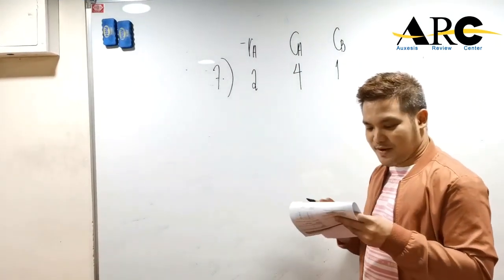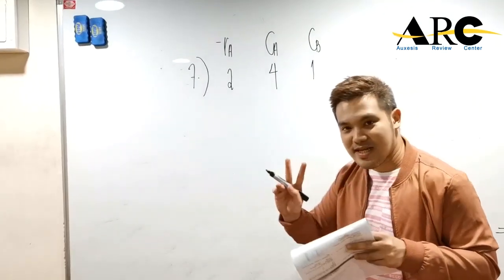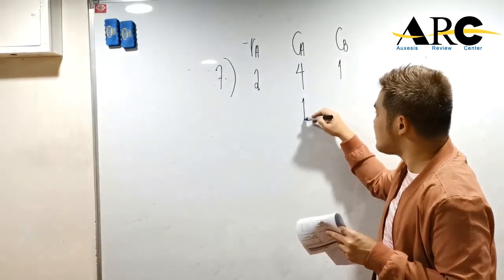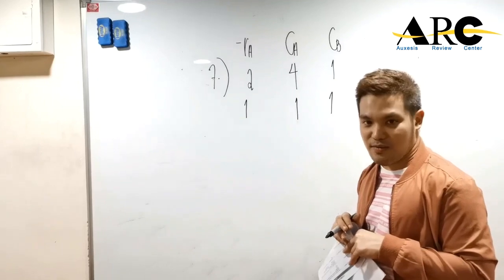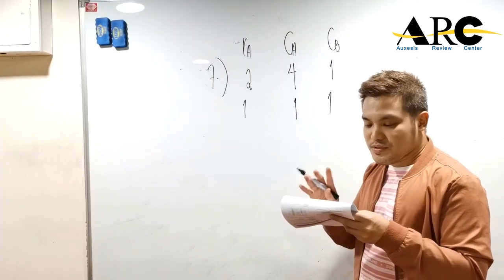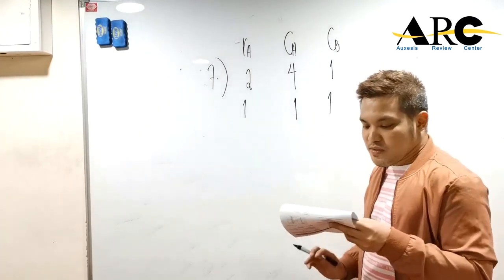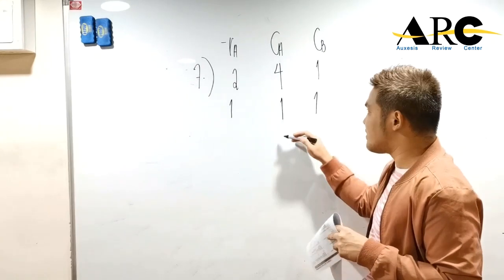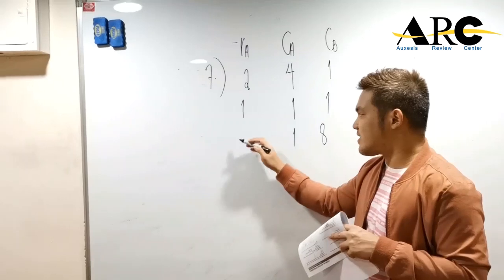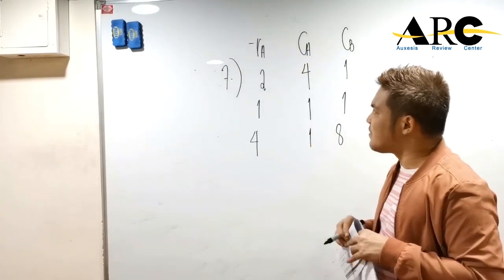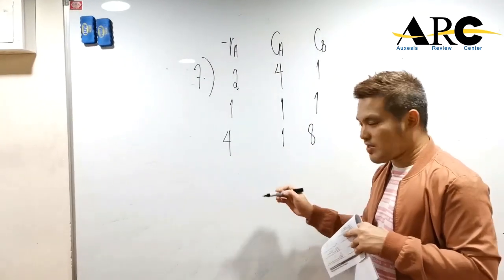So once na ang value ng CA naman natin sa second condition ay 1, ang CB is 1, ang negative RA ay 1. So sa pangatlo naman, once na ang CA is 1, ang CB is 8, ang negative RA natin ay 4. So, paano natin makukuha yung order ng reaction?